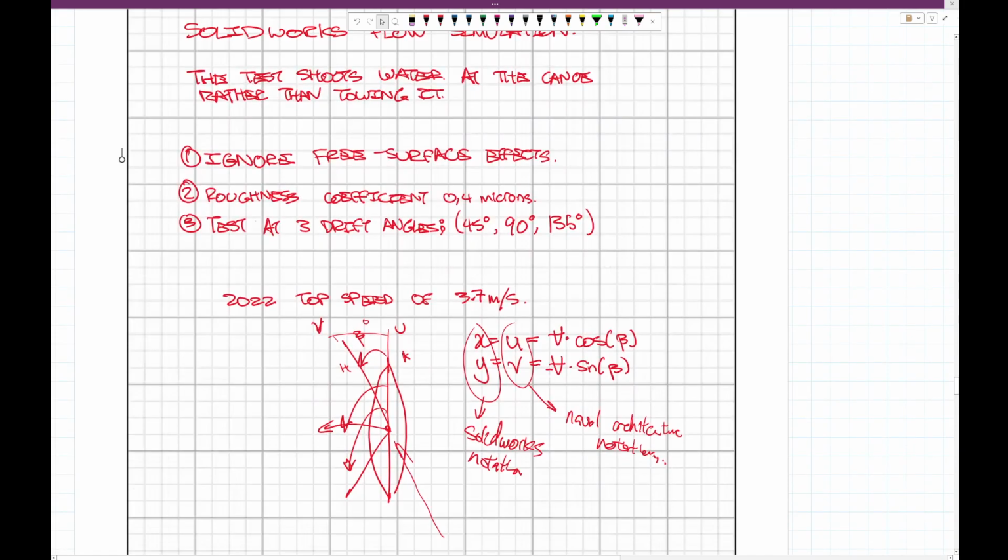The velocity that we use is 3.7 meters per second, because that was our top average speed over 100 meters. We're going to analyze the boat right as we turn into a hairpin turn at the end of the 100 meters, going in at 3.7 meters per second. So what are the maximum forces that this boat is going to experience?